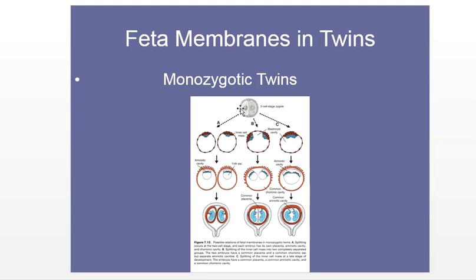You can see the splitting of the zygote at the various stages of development. The earliest separation is believed to occur at the two-cell stage, in which case two separate zygotes develop. You can see two zygotes developed.